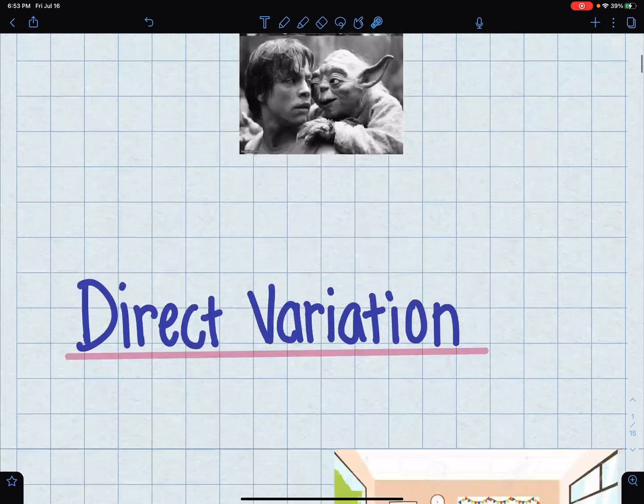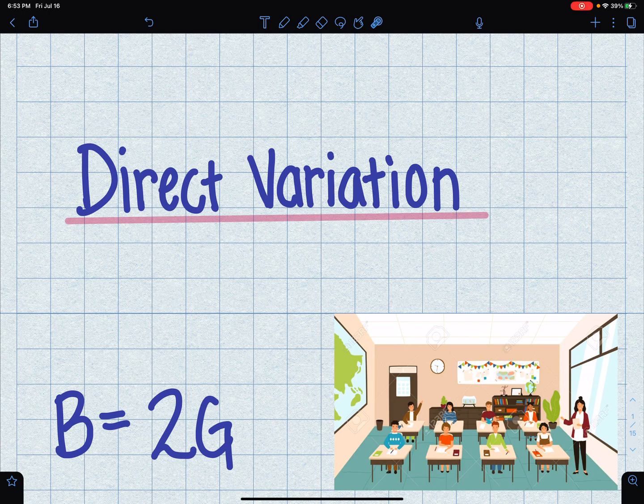Okay, here we go. Direct variation. We're going to start with the direct and then we'll talk about indirect. What direct variation means is that you are starting out with two variables, two things that change.